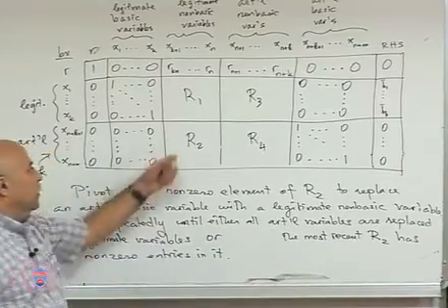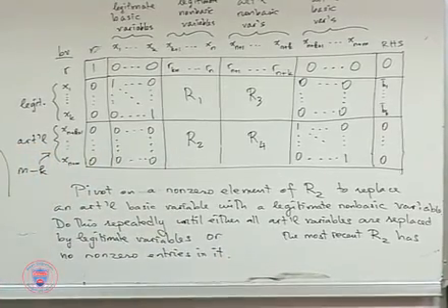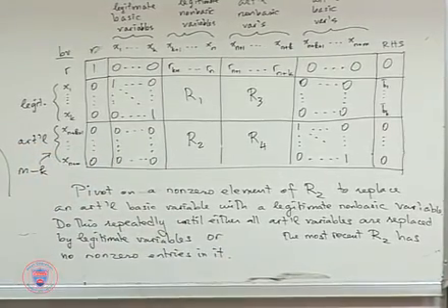So, of course, when you have no non-zero entries in R2, you cannot really pivot any longer.